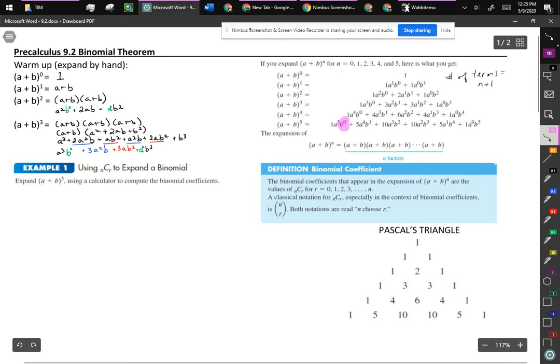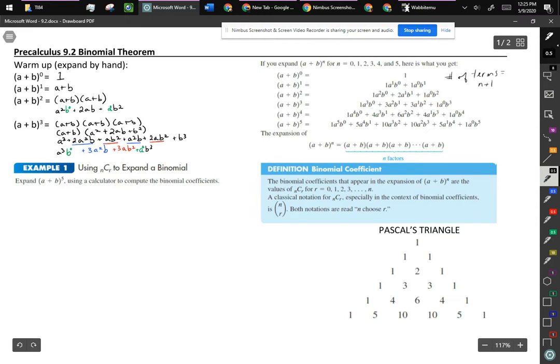And then b starts at 0 for its exponent, but goes 1, 2, 3, 4, 5. And recognizing those two patterns with the exponents and with the combinatorics for the coefficients basically allows you to expand anything without having to go crazy drawing giant Pascal triangles.